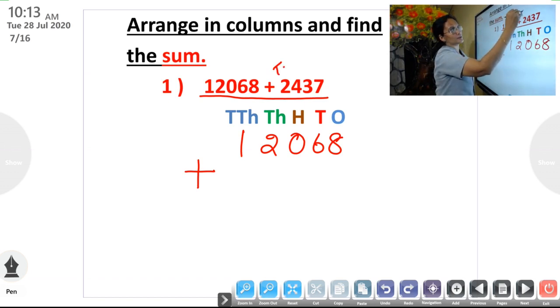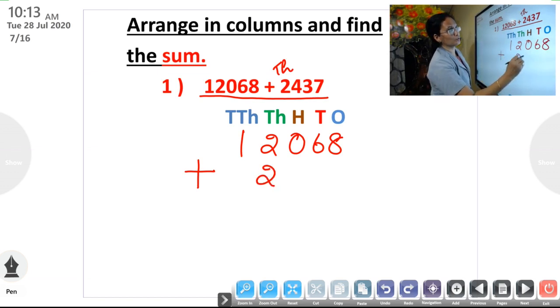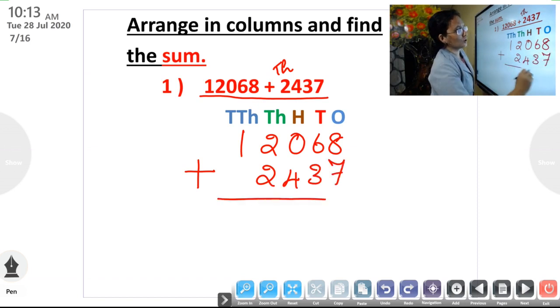This is the thousands place, isn't it? So this 2 you have to write in which place? In the thousands. So 2, 4, 3, 7. Don't make mistakes when you write the digits. Write in correct places: 2 in the thousands place, 4 in the hundreds place, 3 in the tens place, and 7 in the ones place.